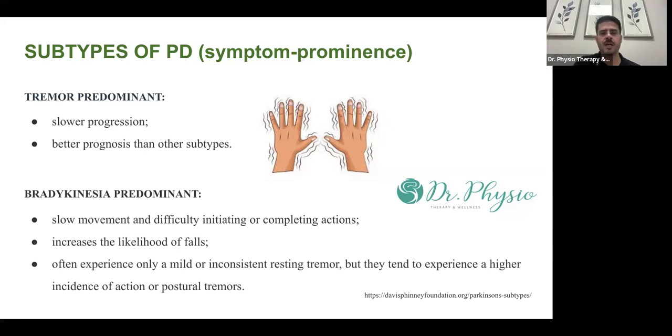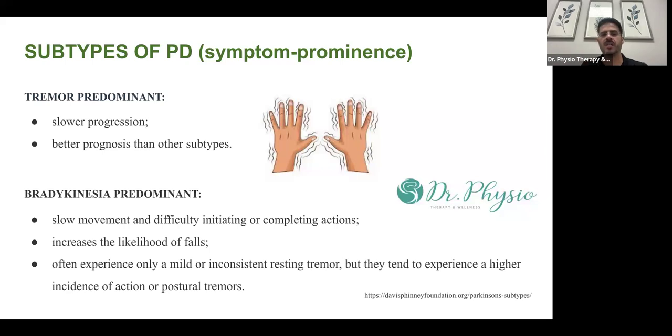The bradykinesia predominant, meaning if you don't have much tremor, but the quality of your movements decreases throughout the years, so it's like slow movement, difficulty initiating or completing actions.